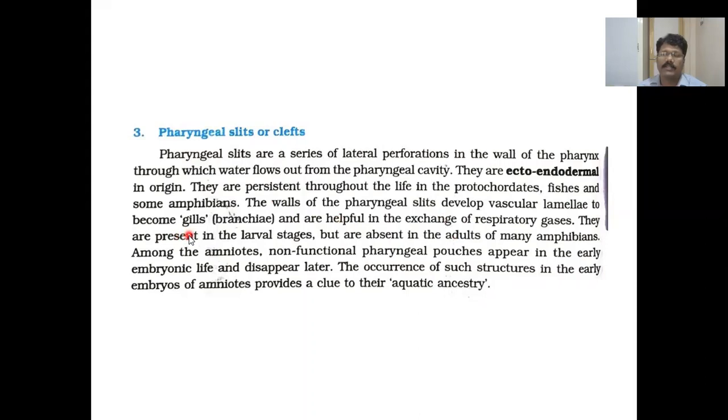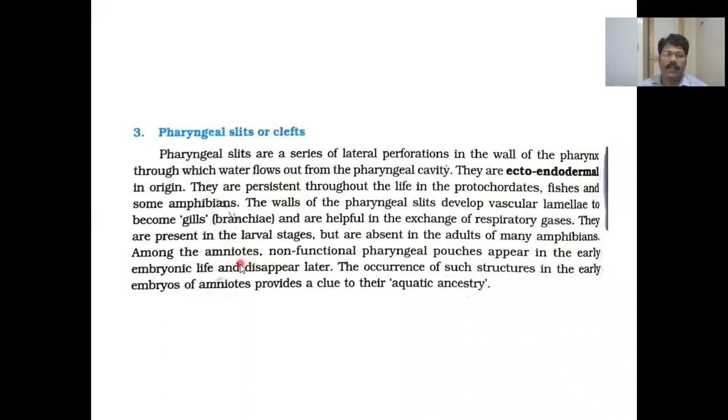And these are the sites where there is an exchange of respiratory gases. That means these lamellae are supplied by the endothelial walls of the blood capillaries, which are very thin, and the gases are able to diffuse through these endothelial walls.